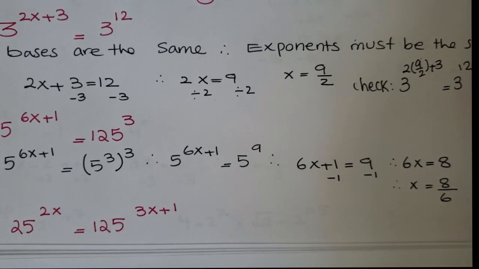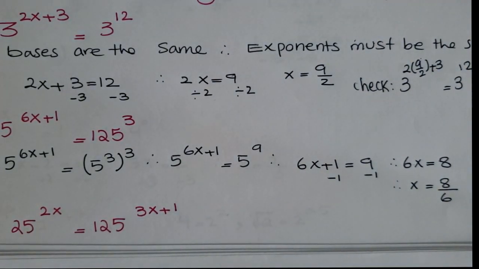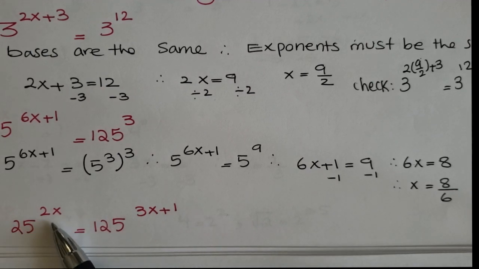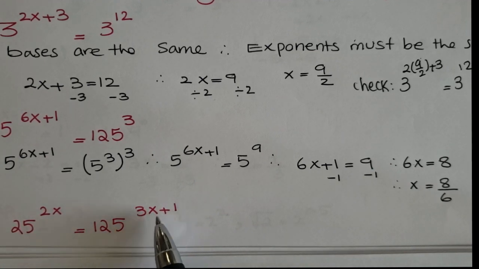Okay, let's continue with another example. In this example, again, on one side of the equation, we have 25 as the base, and on the other side is 125. So the bases are not the same. If you look closely again, here the exponent is 2x, and on this side it's 3x plus 1.